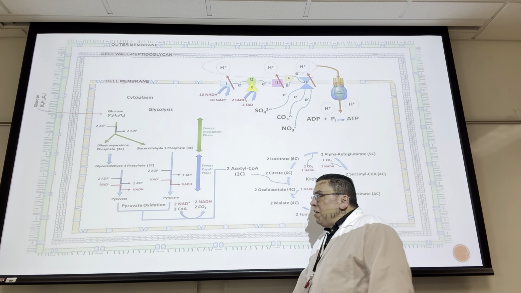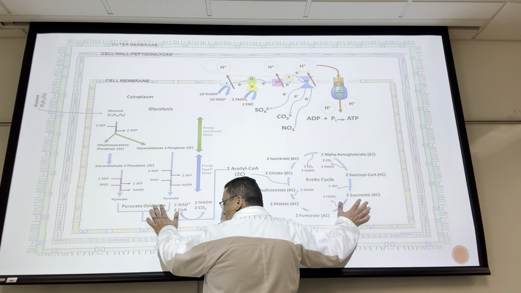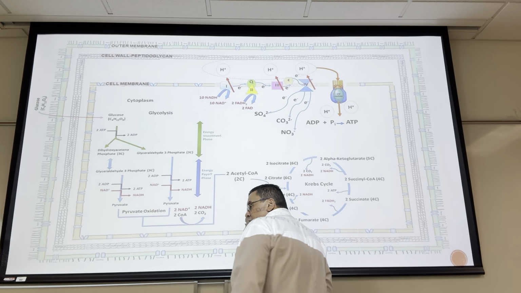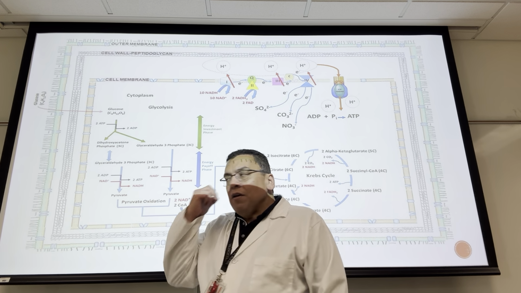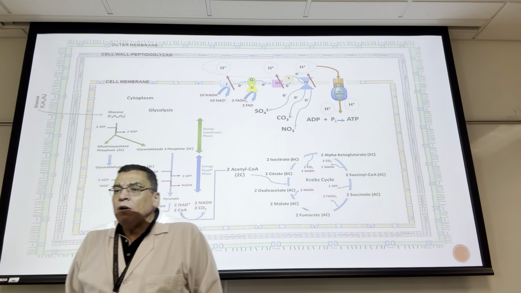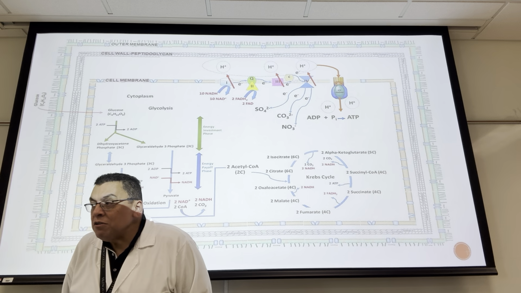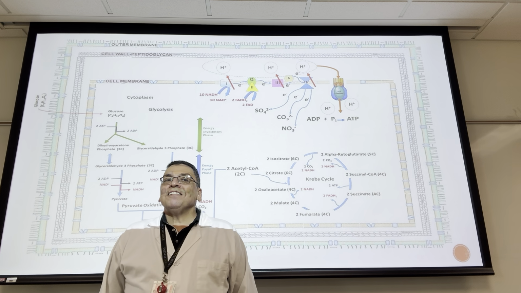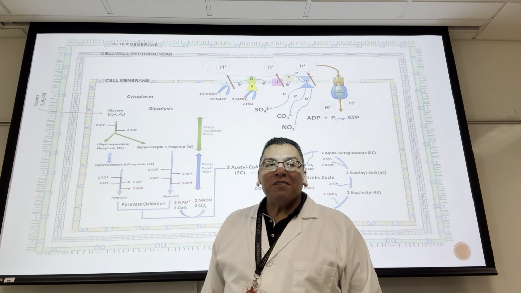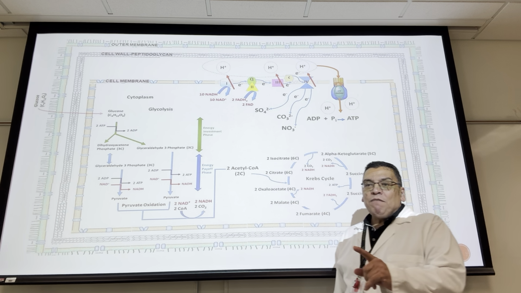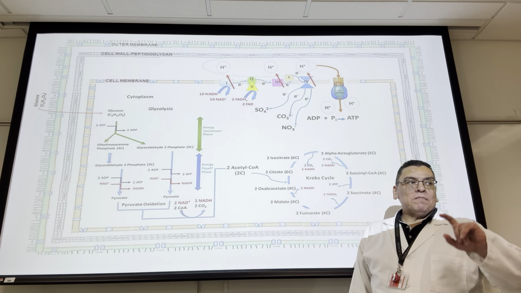Now, let's say it's a facultative anaerobe. The first thing it's going to look for is, do I have oxygen? Because that's what it prefers. Remember that? A facultative anaerobe prefers oxygen.